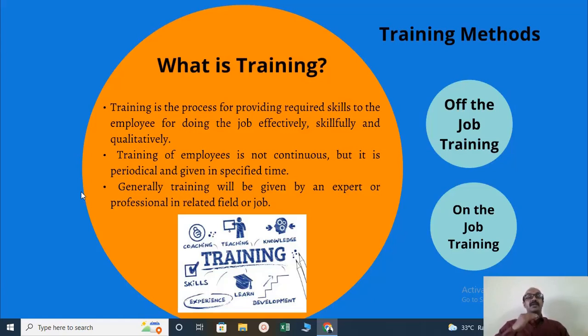That's why the majority of training programs are led by experts, and moreover they invite professionals from outside the organization to train in a specific related field.